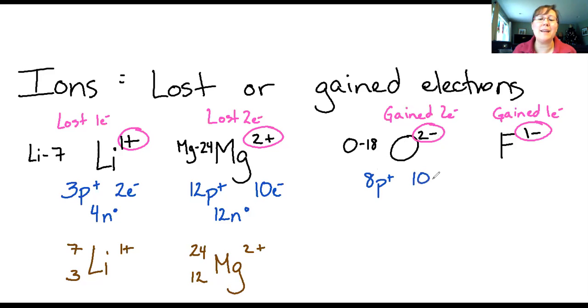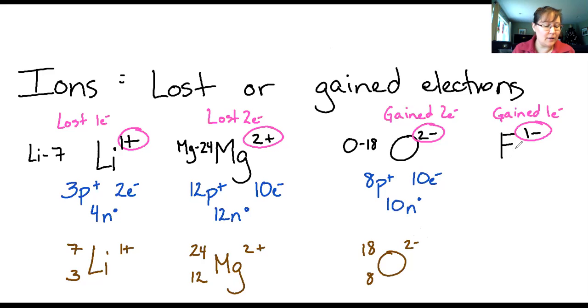Gained 2 electrons, which means now that we have 10 electrons. So you'll see here we lost them, and our electrons were less than our protons. Here we're gaining them, so our electrons are more than our protons. And our protons plus our neutrons equal our mass number of 18, which means that in this case we have 10 neutrons. Okay, so our symbol here would be 18, and 8 for our protons, and O, and a 2 minus charge on it.